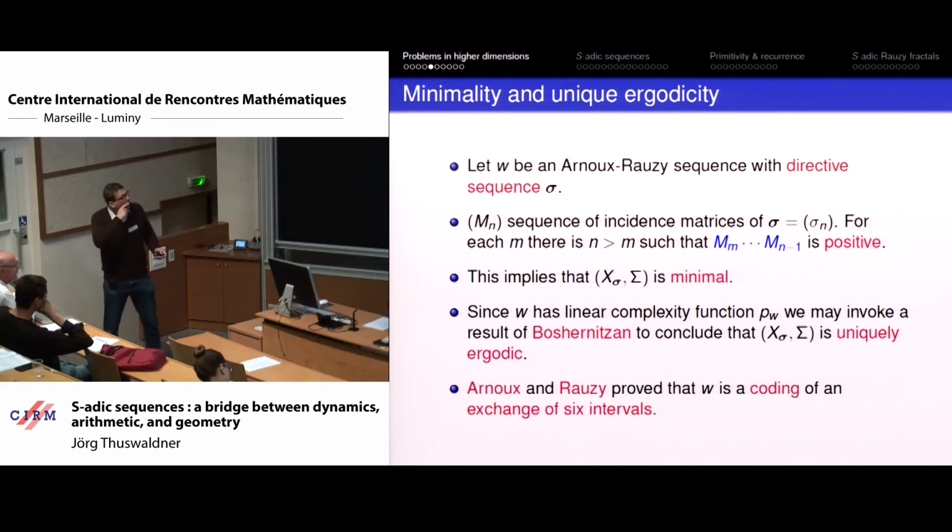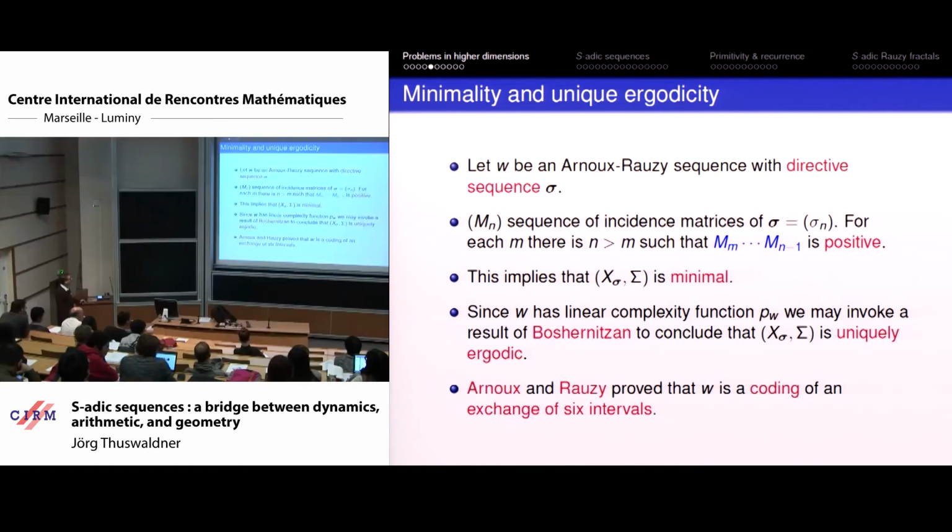Oh, linear, sorry. So linear complexity is not enough? No, because you have interval exchange with. Yeah, we need complexity 2n plus 1. Yeah, sorry, this is wrong. Thank you. So since we are in the 2n plus 1 complexity case, this is uniquely ergodic.